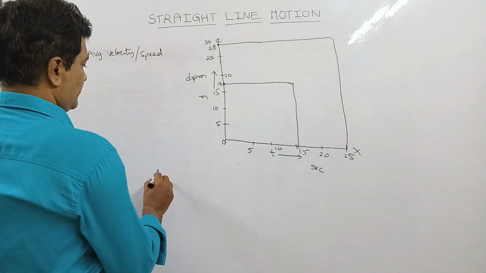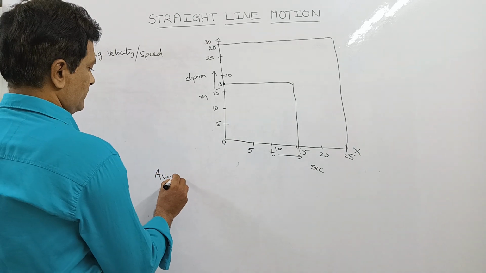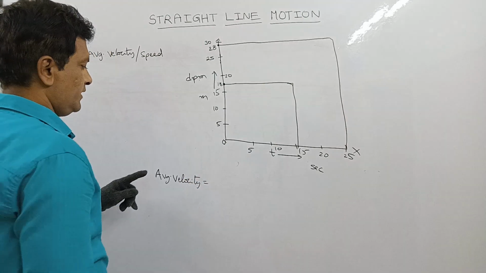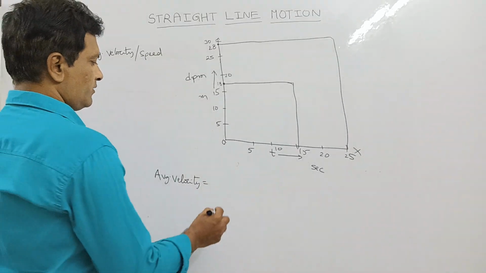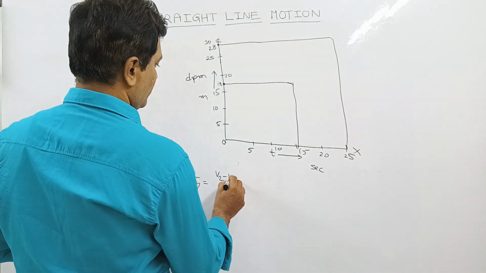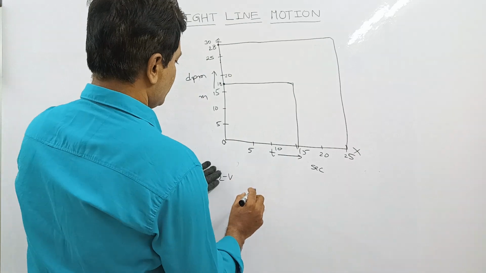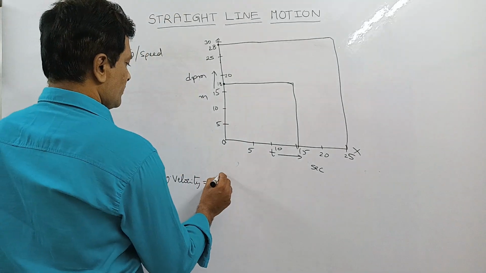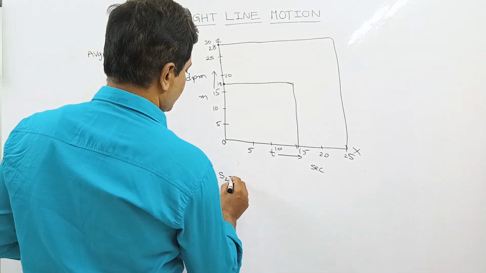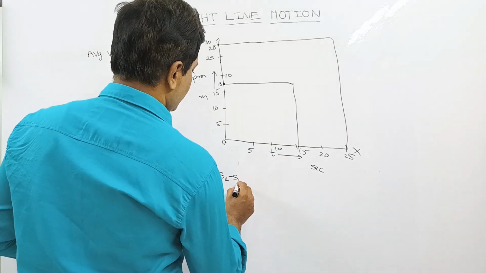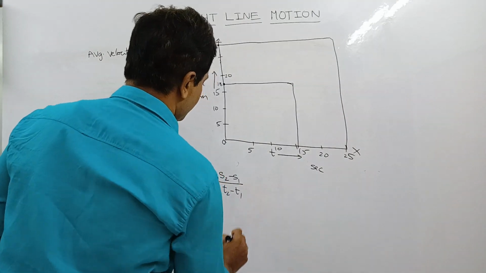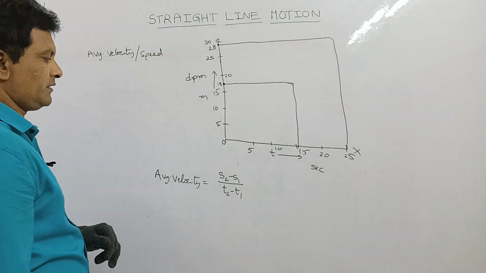So we know average velocity is equal to s2 minus s1 by t2 minus t1 meters per second.